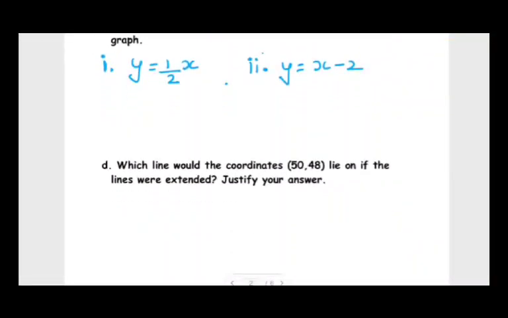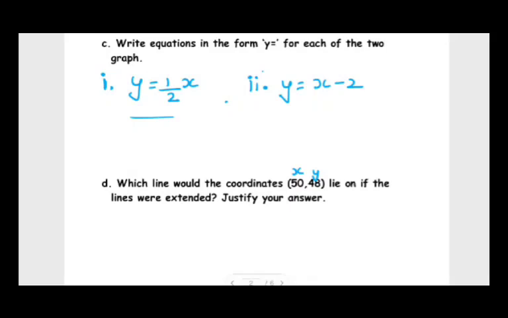Which line would the coordinates 50, 48, meaning x will be 50 and y will be 48, lie on if the line were extended? Justify your answer. Your first formula says y is equal to half x, correct? So do you think it fits in here?